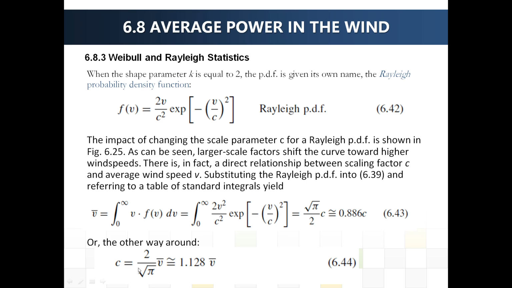In other words, c can be expressed as 1.128 times v average.